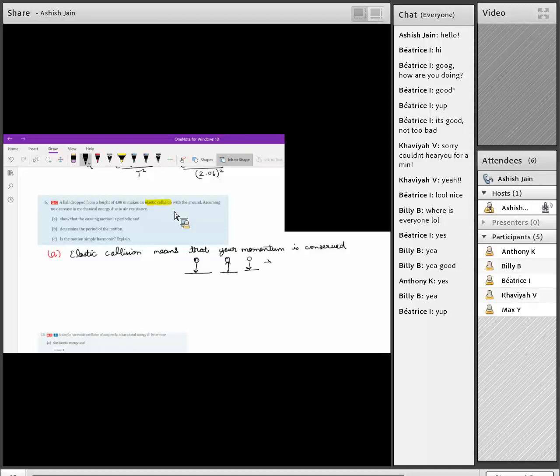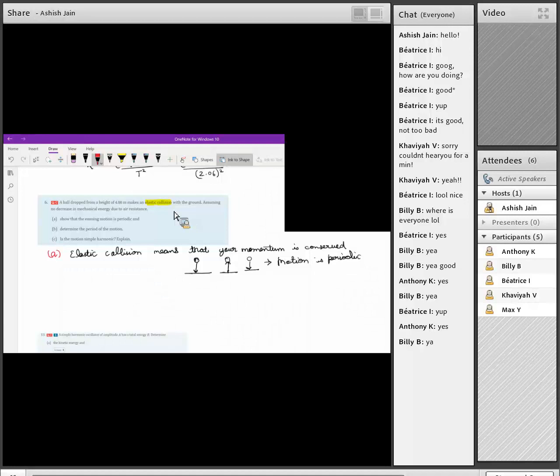So that is enough to say that this motion is periodic. Did you get it? I can explain the other way as well. Okay, thank you. Thank you, Billy.